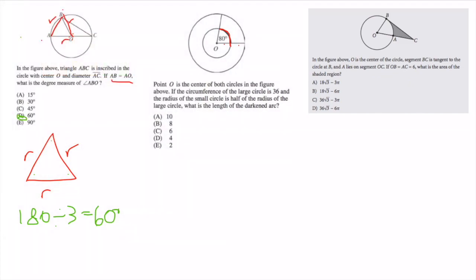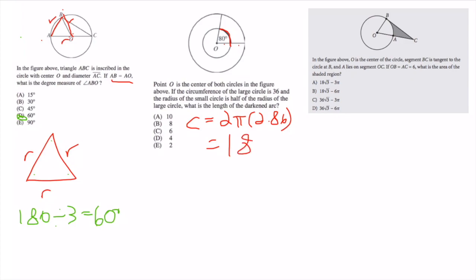So I'm going to take 2.86 now. I want to find the circumference of the smaller circle. So it's 2 pi times 2.86, and it just gives me 18.